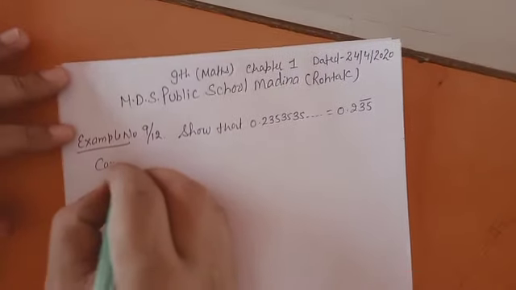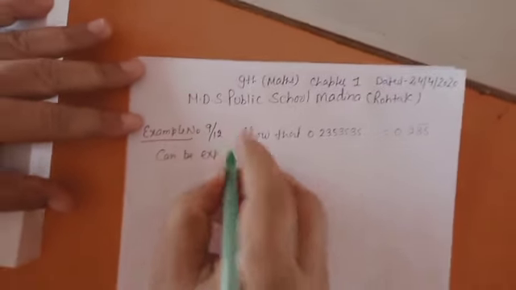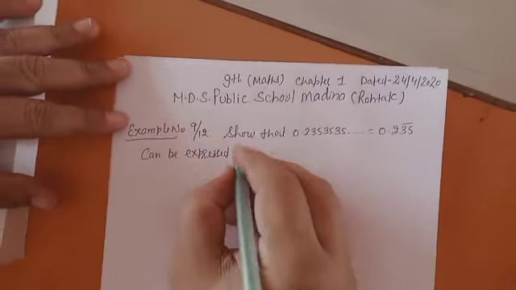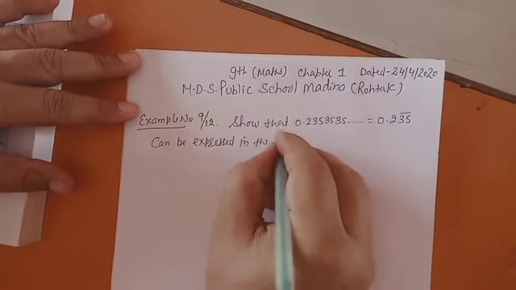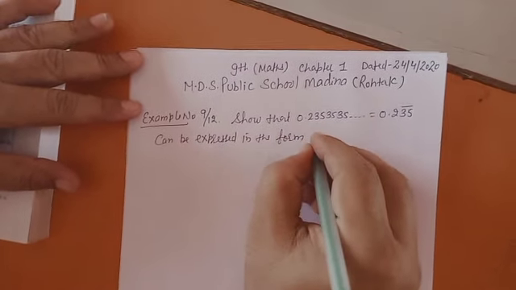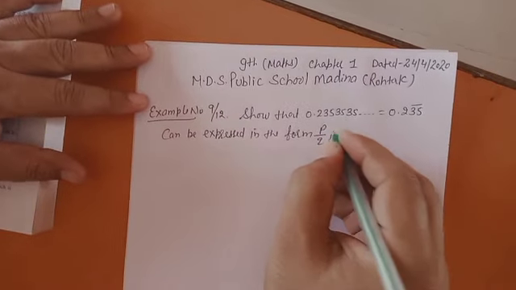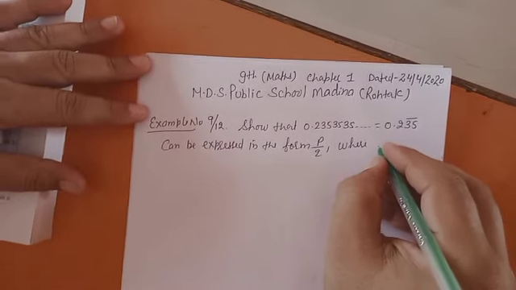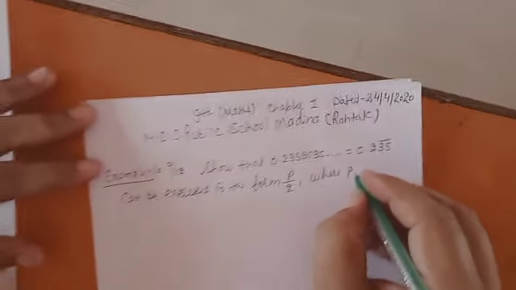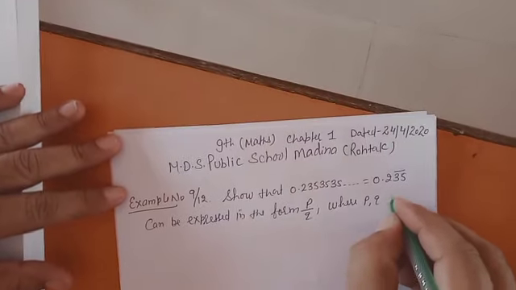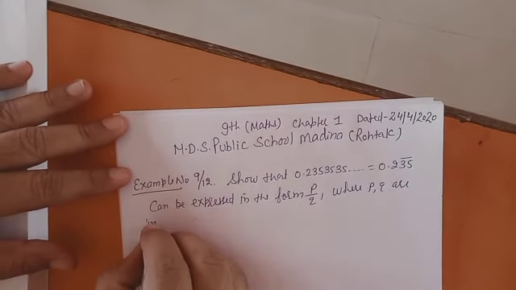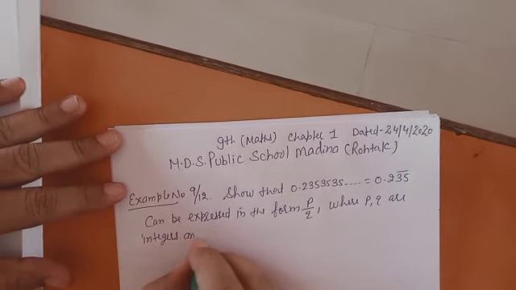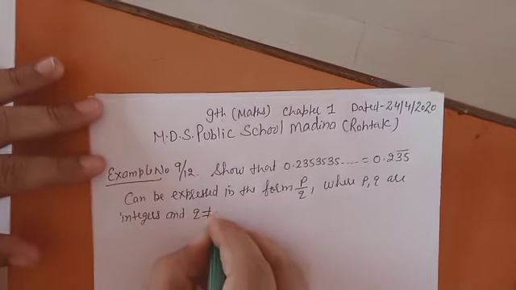It can be expressed in the form, which form? p by q, where p and q are integers and q is not equal to 0.